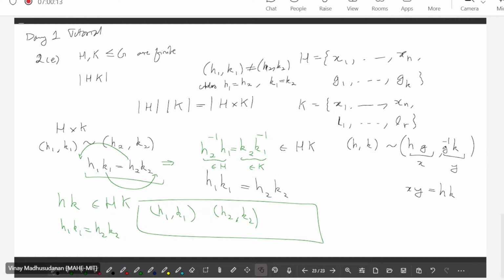How many elements of this form will be there? For all G, will it be true? But if you now use this condition, you can say that G should be what? To get the distinct elements, I need this one, right?